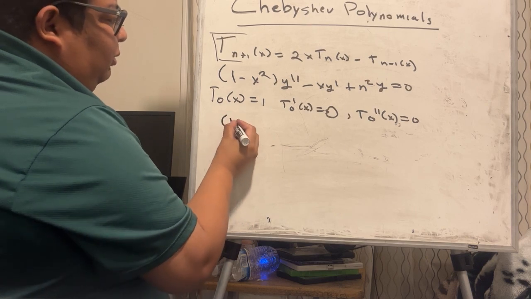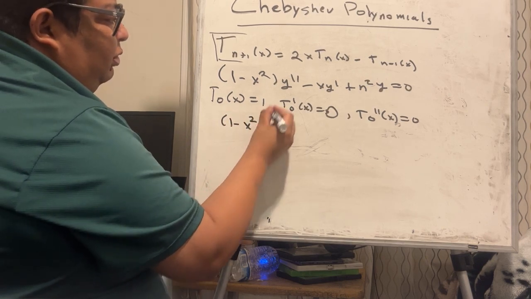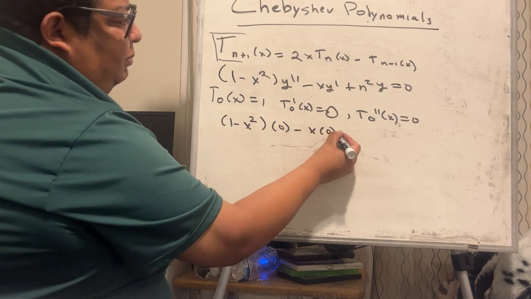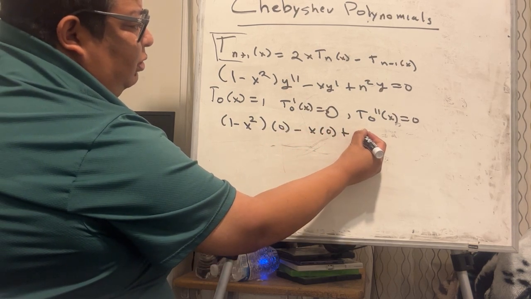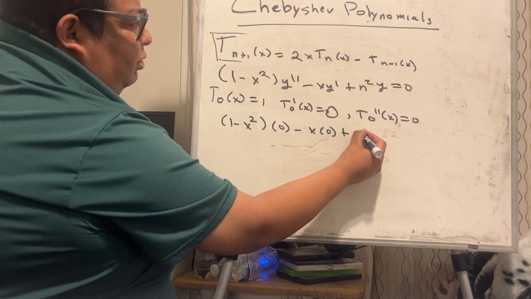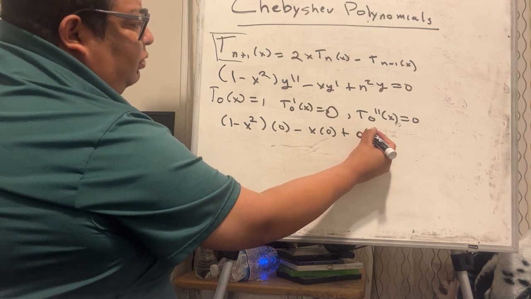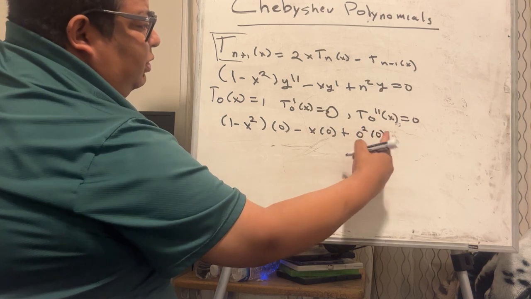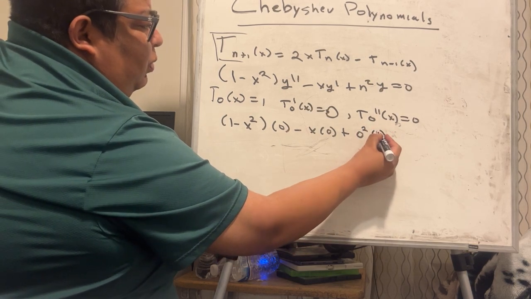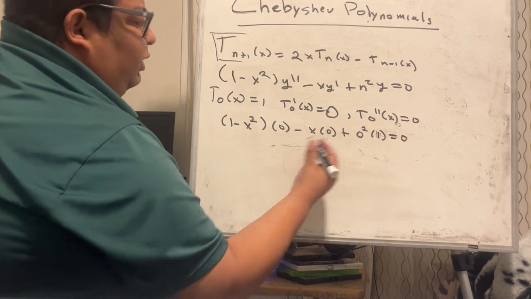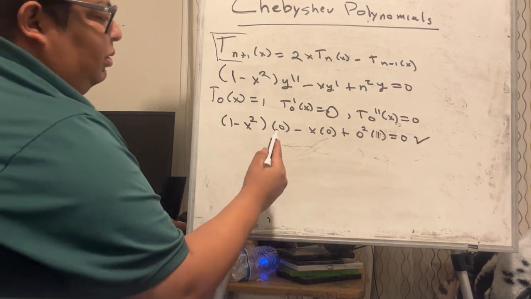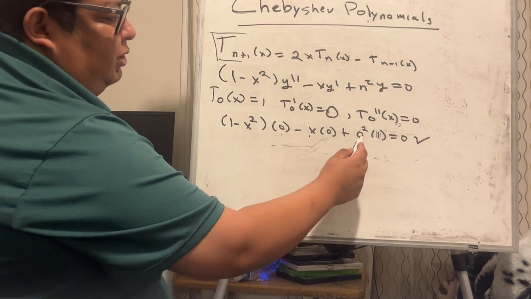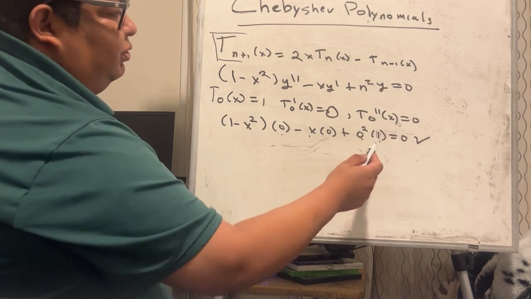So (1 minus x squared) times 0, minus x times 0, plus 0 squared times 1 equals 0. And this indeed is the case. 0 times this is 0, 0 times this is 0, and 0 times this is 0. So 0 equals 0, so that's a solution.